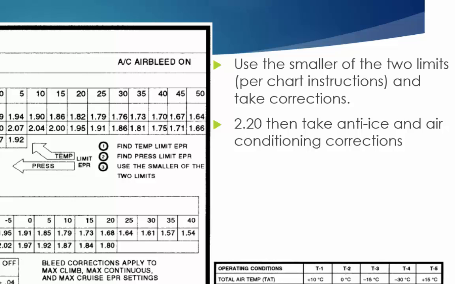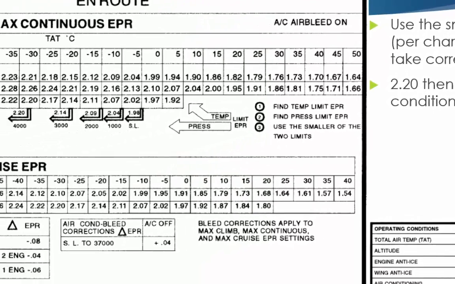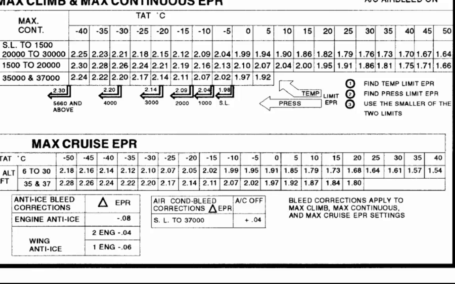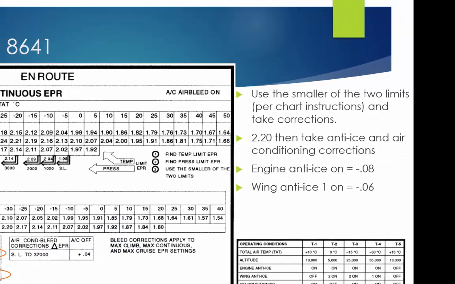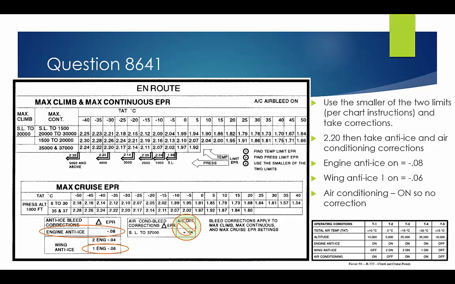Now we've got to take our anti-ice and our air conditioning corrections. So it tells us that the engine anti-ice is on, and our correction given on the chart is minus 0.08. And also we're told that one wing anti-ice is on, one system is on. So we take a correction of subtracting 0.06. The air conditioning is on, so there is no correction to take as far as the air conditioning.